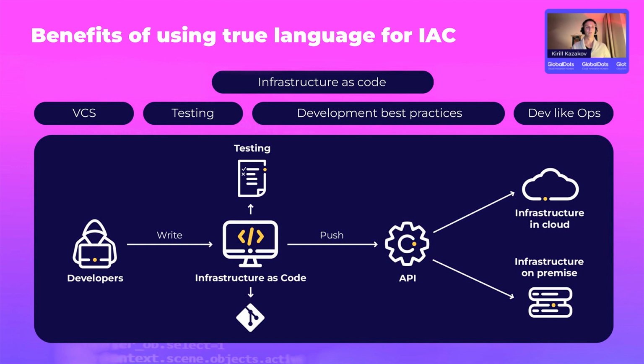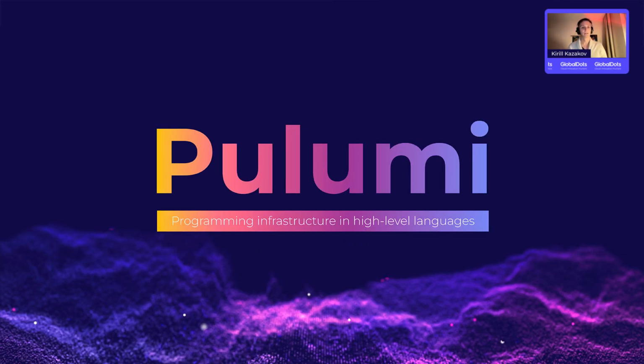And what we get from it, with true languages, is all the advantages of development and all best practices. We can use logic, if statements, for loops, use object-oriented techniques, define high-level abstractions, etc.